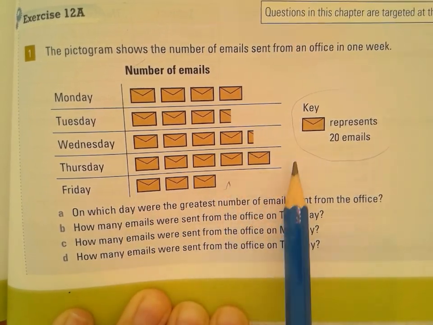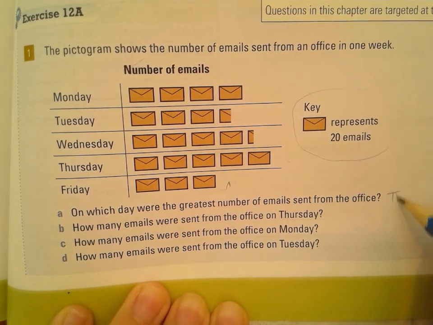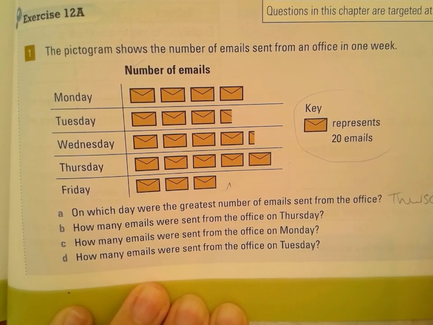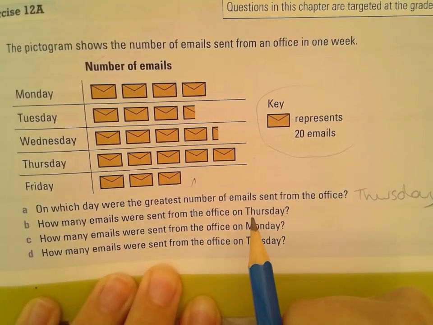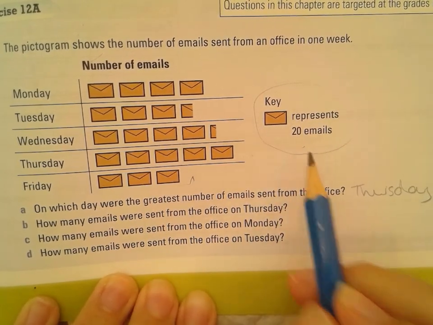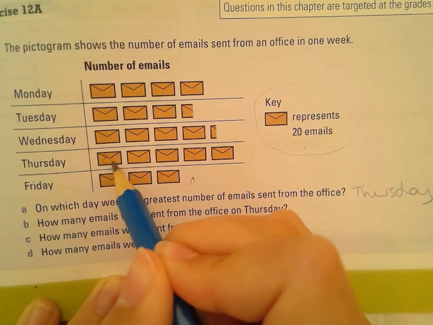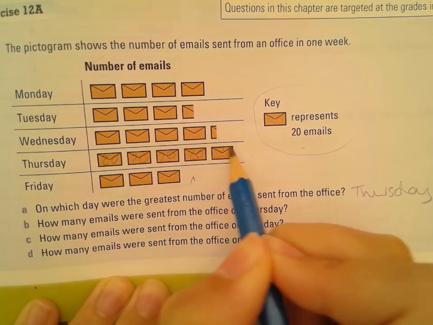Thursday has the most envelopes. So on which day? The answer would be Thursday. How many emails were sent from the office on Thursday? If one envelope represents 20 emails, I know that's going to be 20 emails, 40, 60, 80, 100 emails.